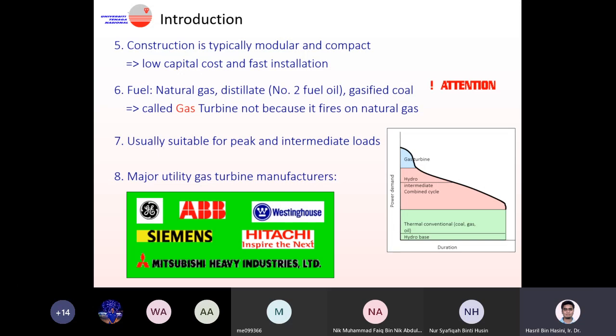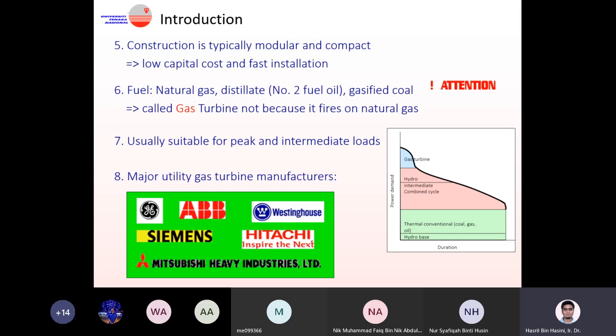If you want to start up a gas turbine, it is relatively fast compared to a steam turbine. So that's why we use it as a peaking load.